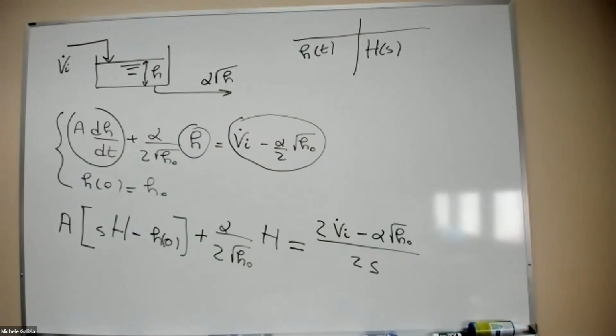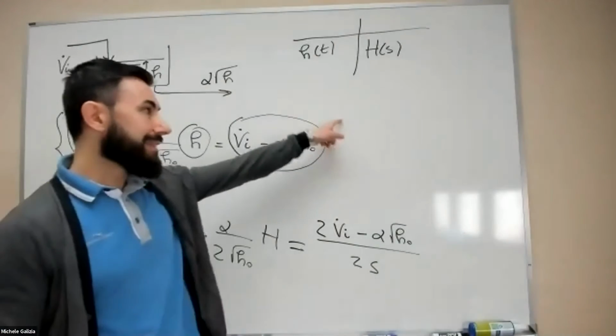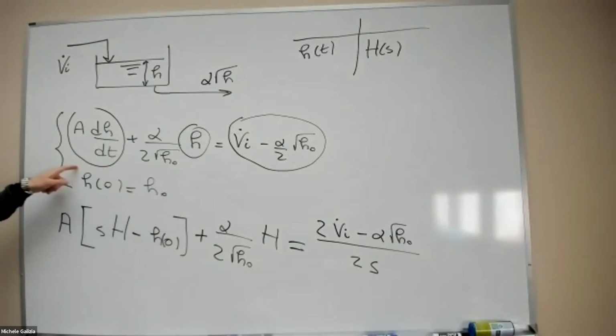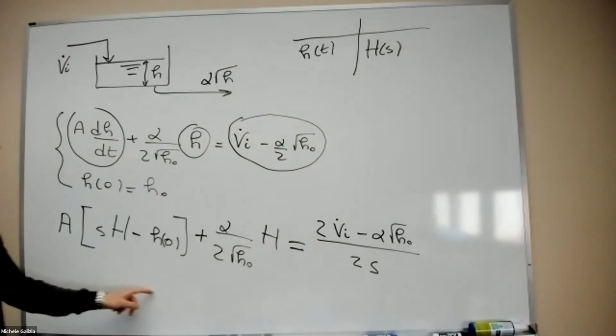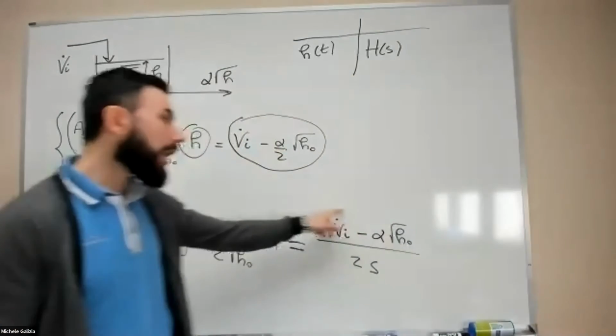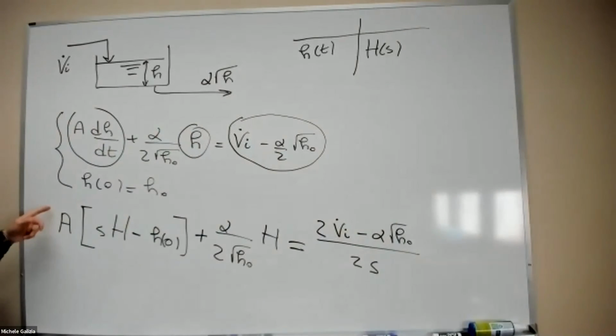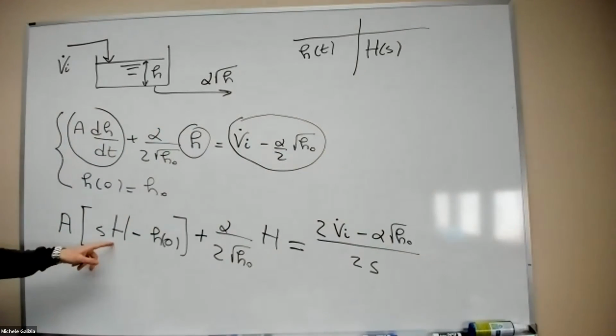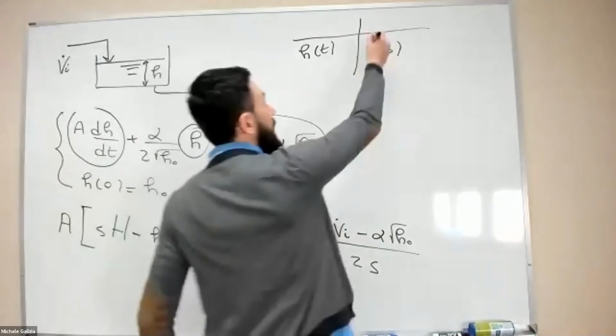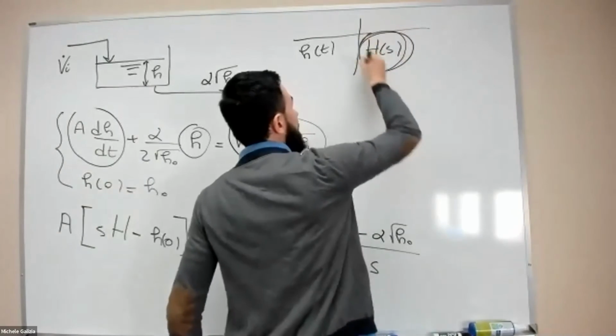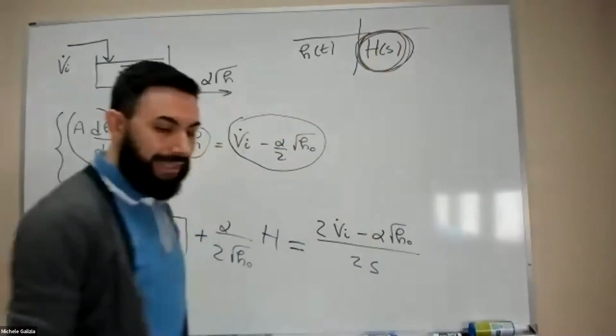Make sense? We have transformed the initial linearized differential equation from the time domain to the Laplace domain, and we got an algebraic equation. This is algebraic, and so now we have to solve for H capitalized, the level in the Laplace domain.